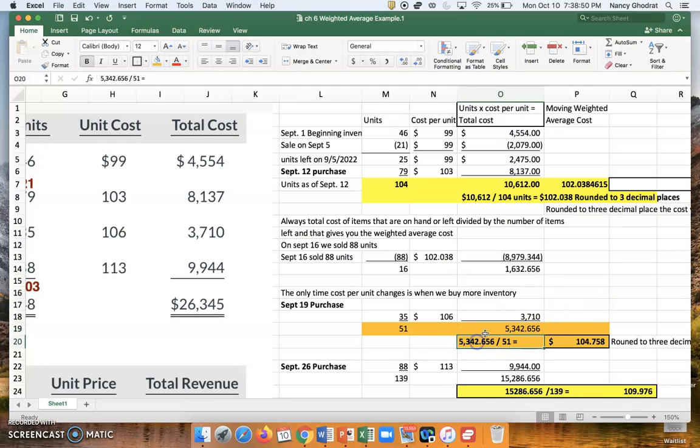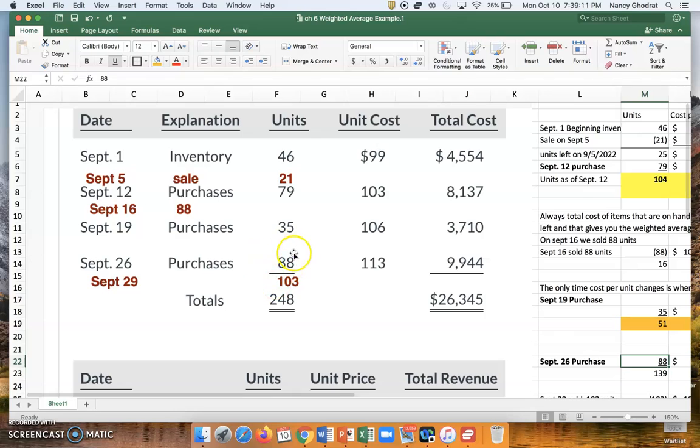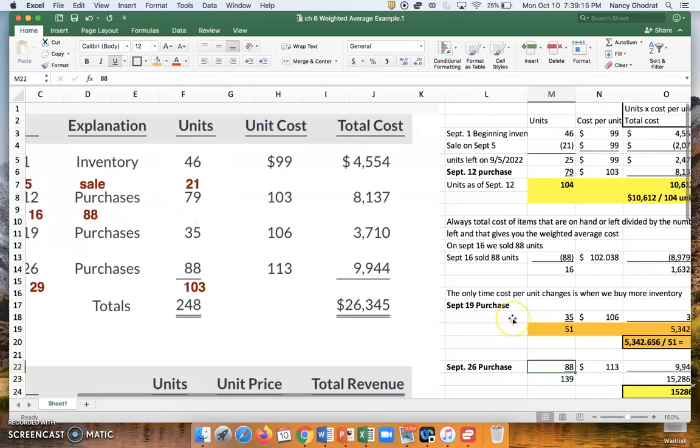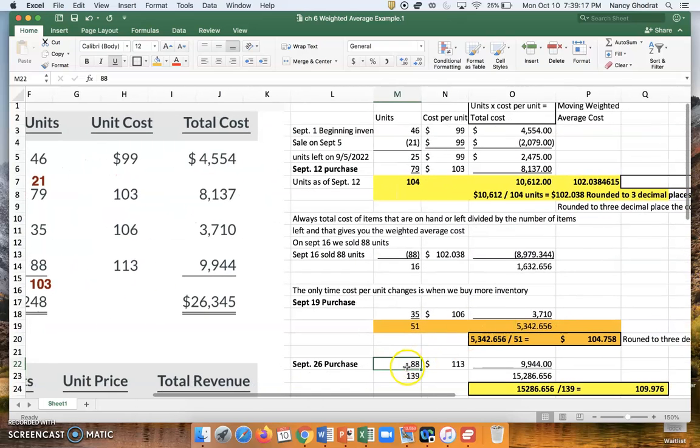If we take the total cost and divide it by the 51 units as of September 19, we get a new weighted average cost, 104.758, which I rounded to 3 decimal places. Now, September 26, we're purchasing 88 units at $103, or we pay $9,944. So again, 88 plus the 51 that we had before.